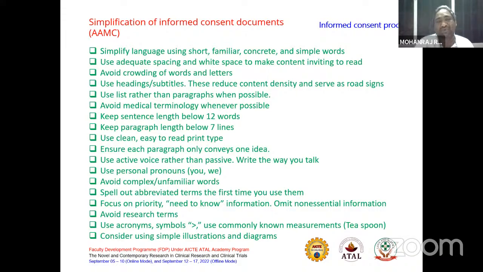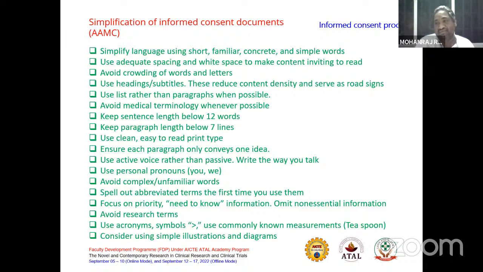Don't get into too much grammar. Whatever you speak easily, the same thing you can write. Always use personal pronouns like us, we, you. Avoid complex, unfamiliar words.